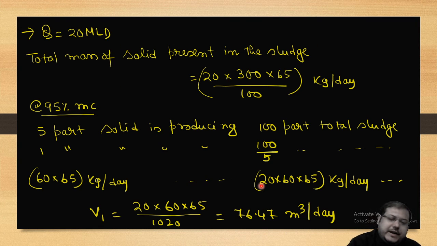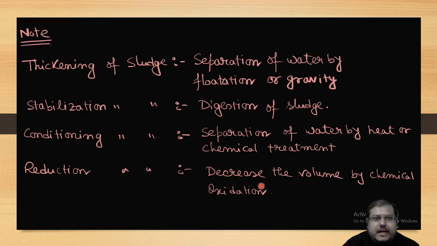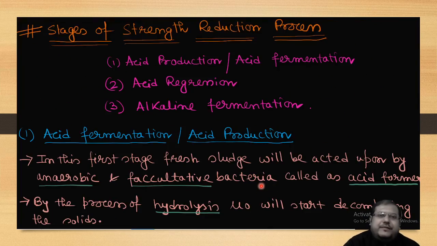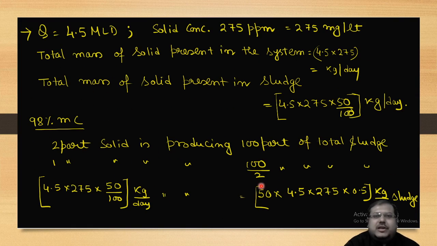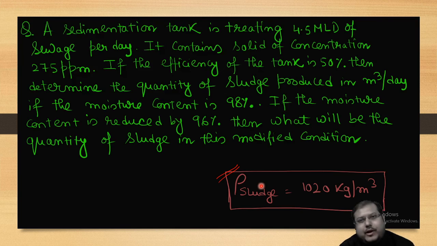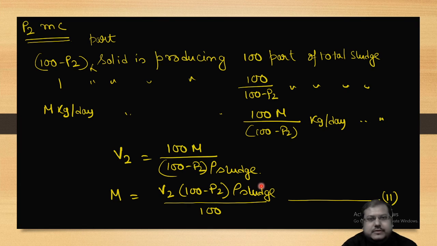So what is the takeaway? We will solve questions also, but before that, what is the takeaway? First of all, whatever the treatment process may be, digestion of solid sludge will always be anaerobic in nature, right?